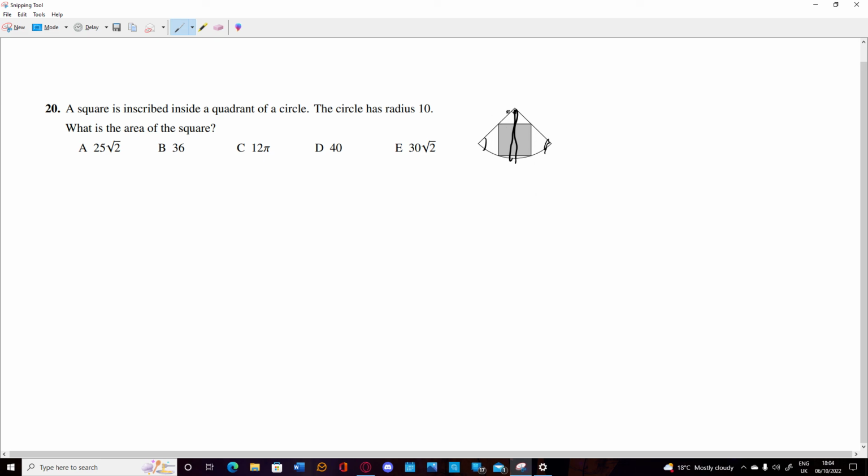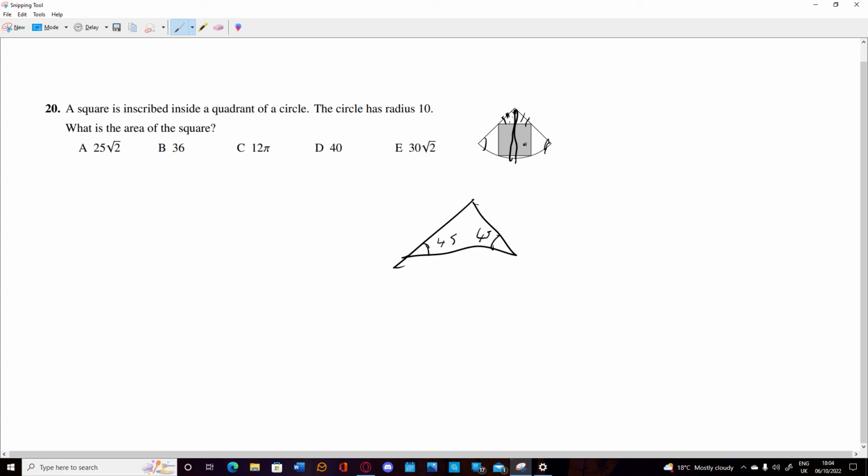So what you can deduce from that is that this angle here is equal to this angle here. So you can tell this is the same. So what you'd have is these angles being 45, these angles being 45, and the base.